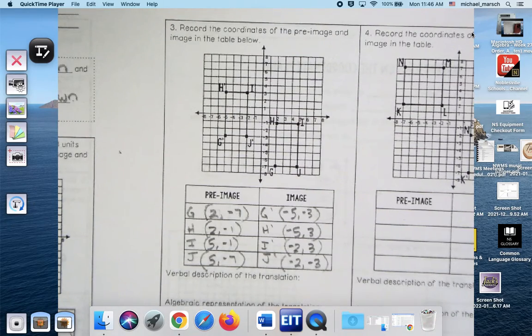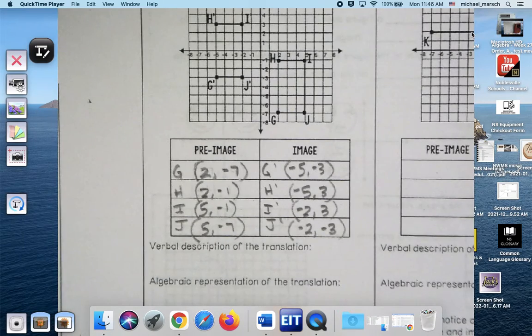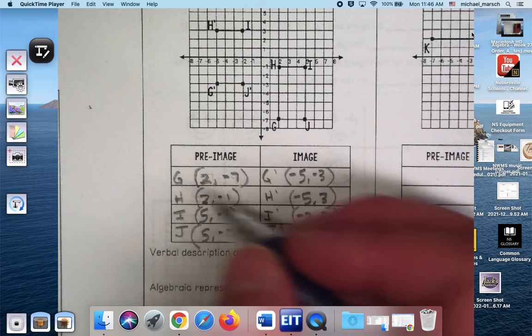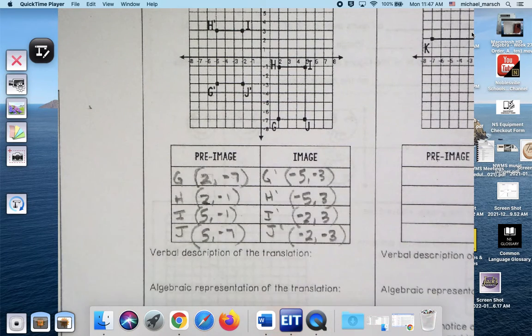It's 2, -1. So if you look, are we doing this whole page today? No, we're going to be skipping around some things.